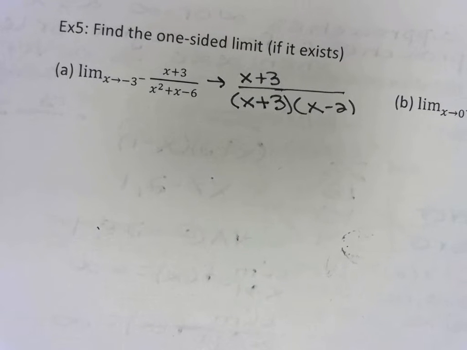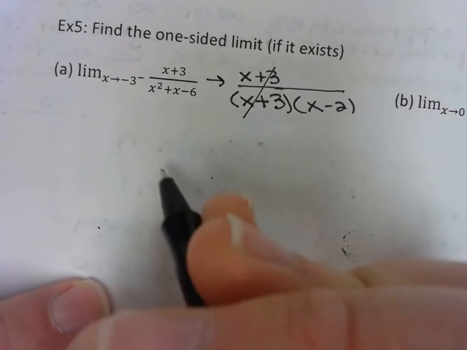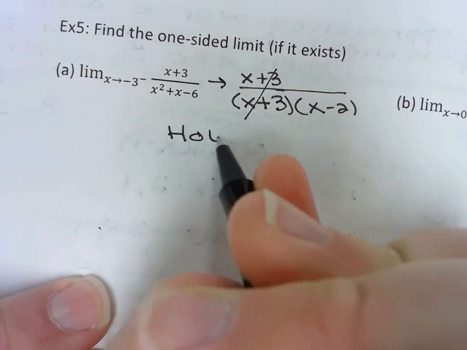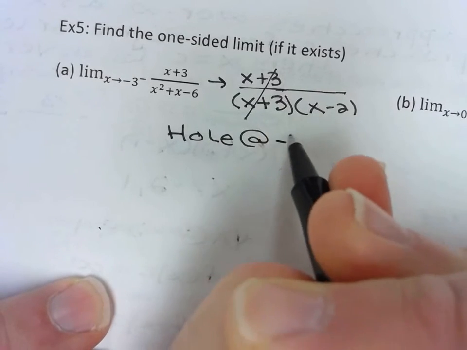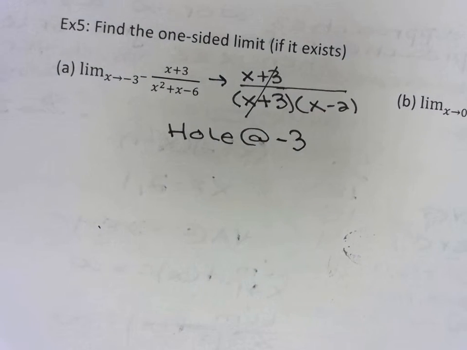So as I look at this, I notice I am going to have a what? A hole. The x plus 3's will cancel. So I'm going to have a hole at negative 3. Having a hole at negative 3 doesn't necessarily mean that I have to be approaching infinity or negative infinity. No, that only works with an asymptote.